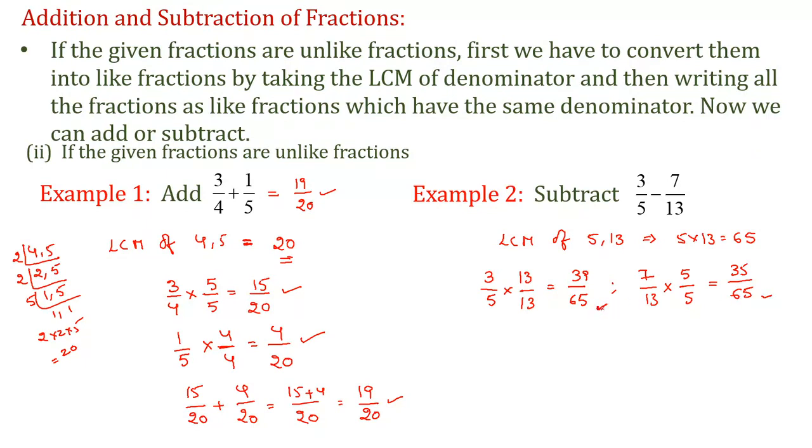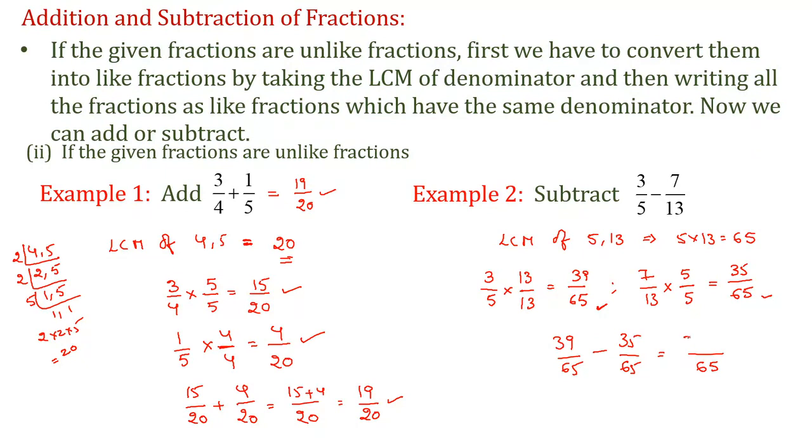Now you can subtract. The first fraction, corresponding to 3 by 5, is 39 by 65, and the second fraction is 35 by 65. Observe here, both the denominators are equal, so write it in the denominator.